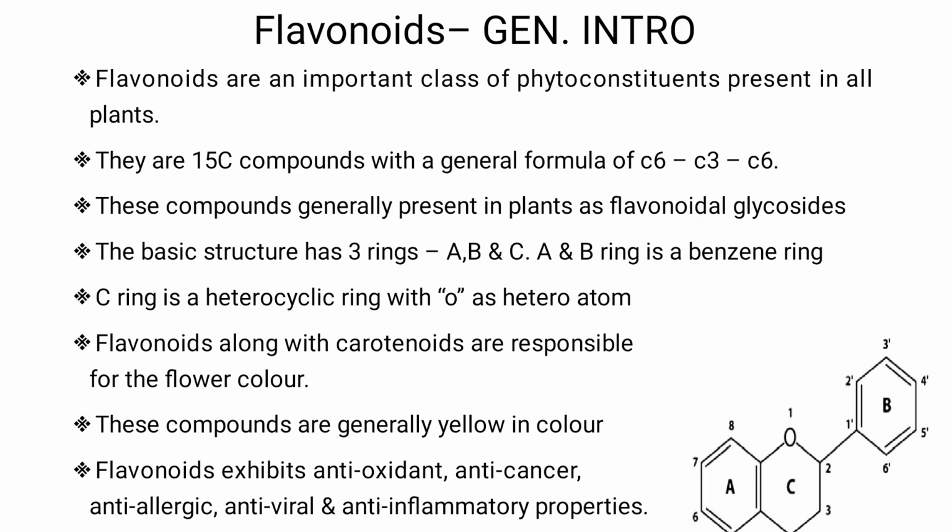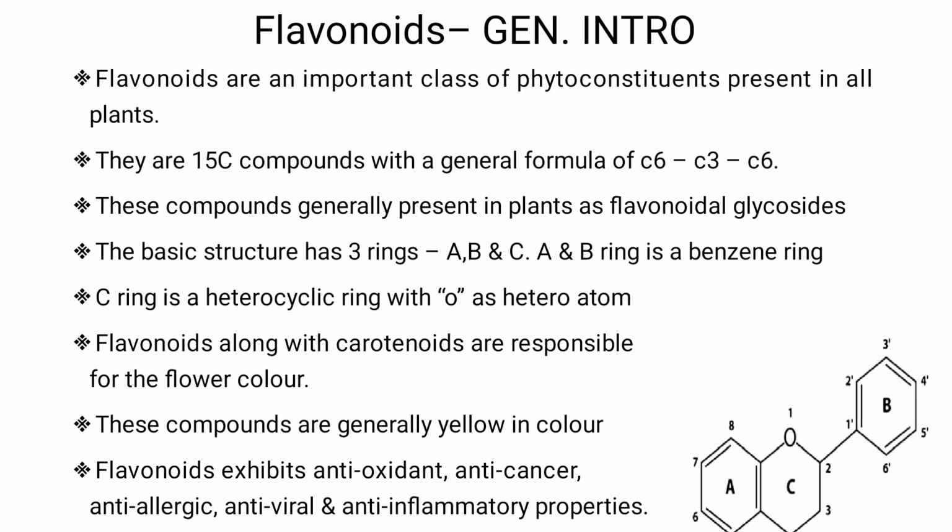And the total carbon that will be present in the basic ring structure will be 15. So flavonoids are 15 carbon containing compounds with a formula of C6, C3, C6. This C6 are benzene ring, C3 is the heterocyclic ring which contains oxygen as a heteroatom.